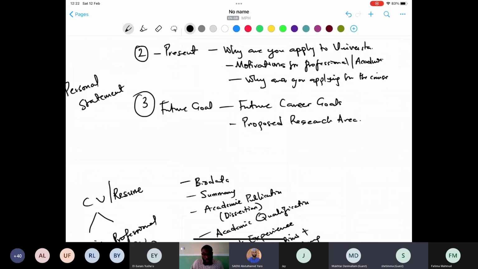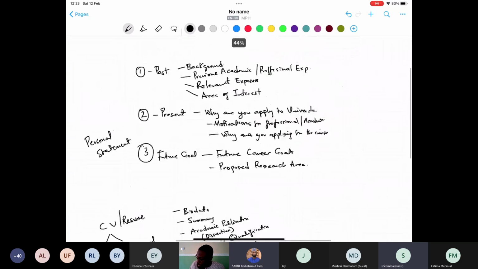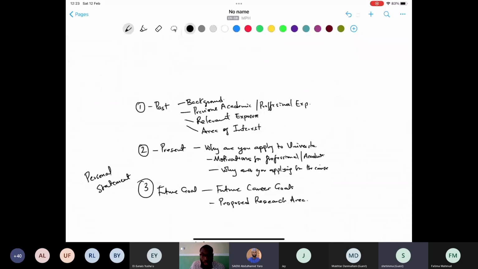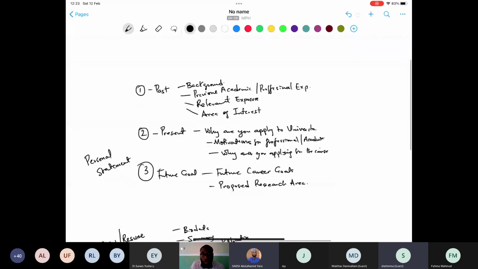So this is just the thematic areas you need to look at when you are writing your personal statements. It's very, very much important. Those are just the questions you are supposed to use to streamline your personal statement or your CV in that direction. So this is what your personal statement should look like.